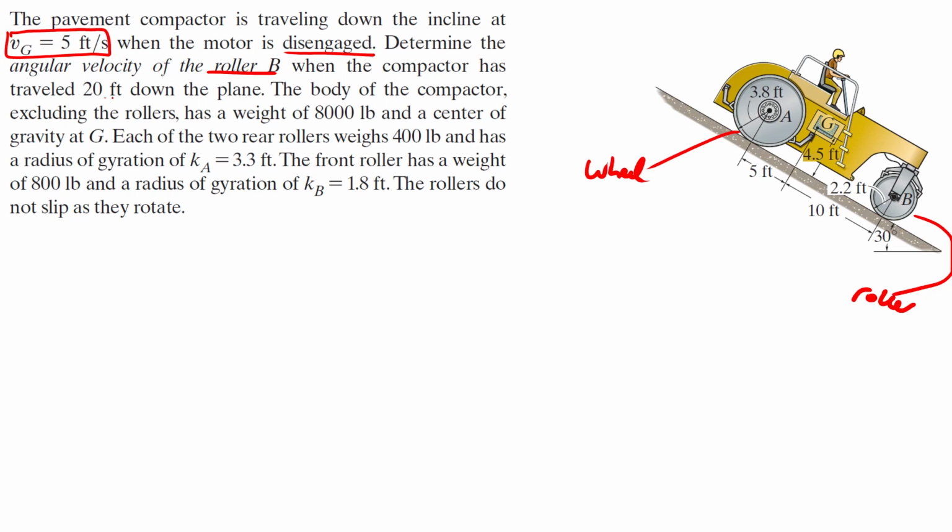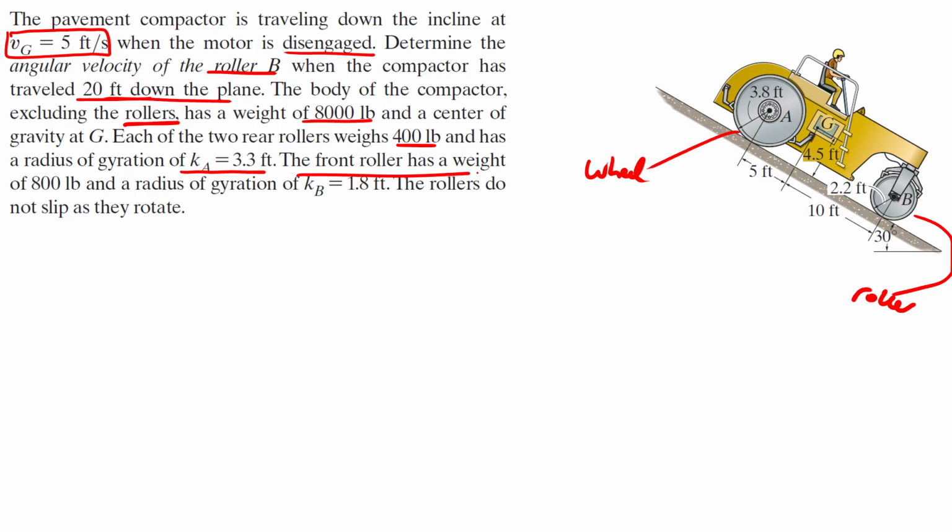When it travels 20 feet down the plane, the body of the compactor, excluding the rollers, has a weight of 8,000 lb and center of gravity is at G. So we have a roller that weighs 400 with a radius of gyration of 3.3 feet.